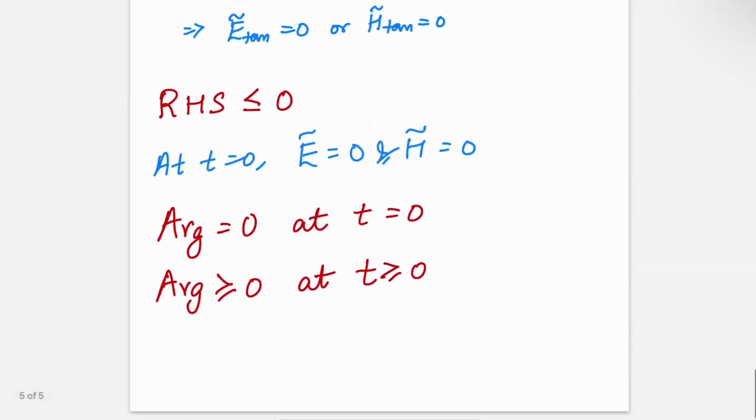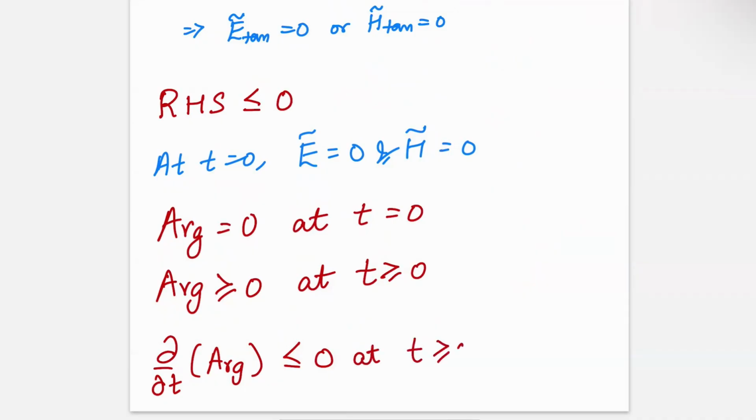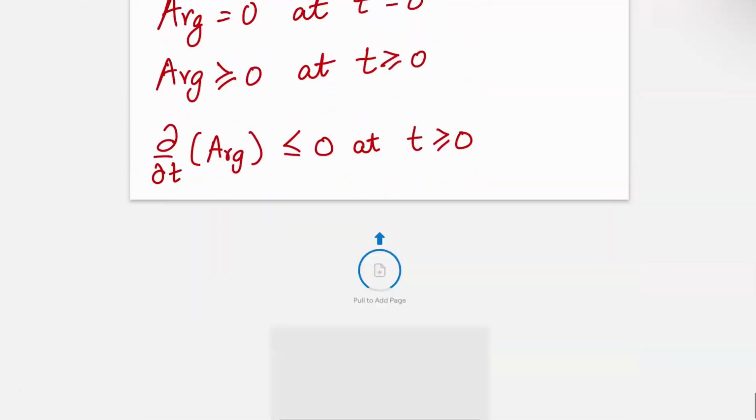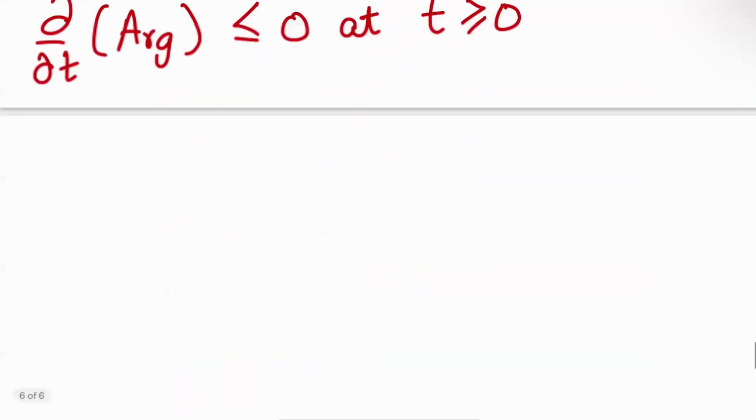But the earlier condition says the right-hand side is less than or equal to 0, which means the derivative of the argument is always less than or equal to 0 for t greater than or equal to 0. So we have three conditions that we need to satisfy, and let's see if we can satisfy them.